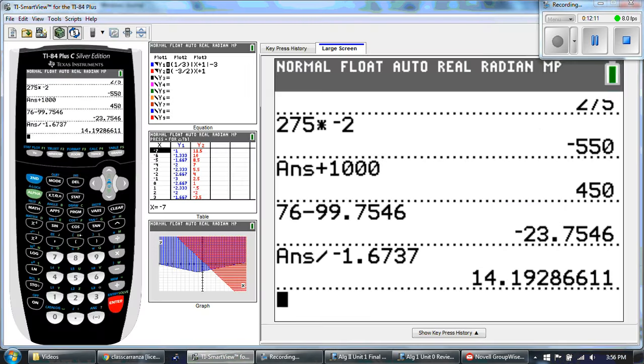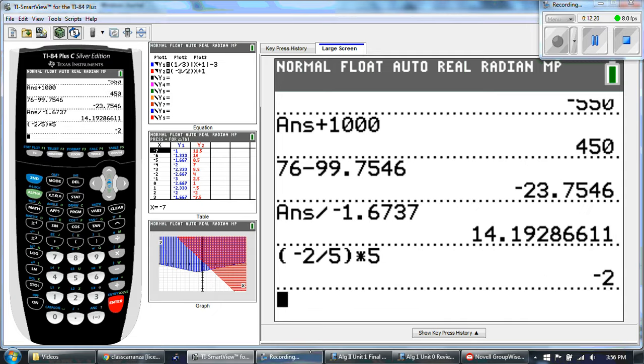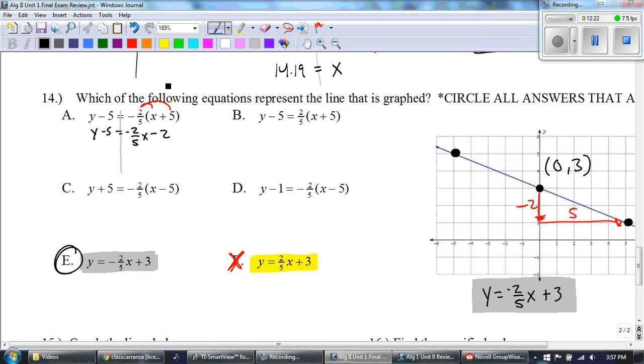And then I have -2/5 times, what is that, a positive 5. And we get -2. And then I have to add 5 to both sides. So we get y equals -2/5 x plus 3. And ding, ding, ding, ding, ding. It works. Yay.